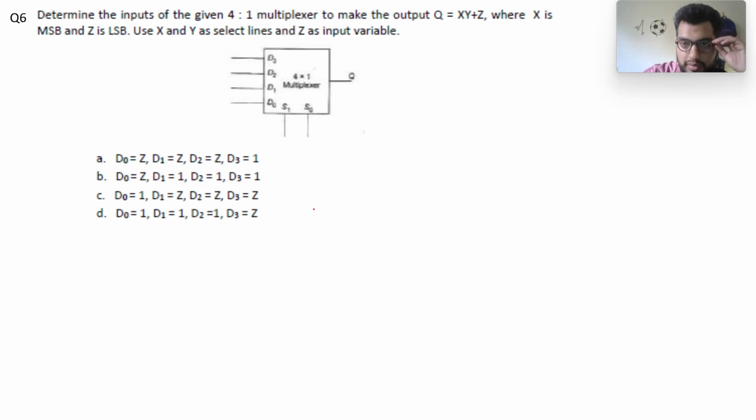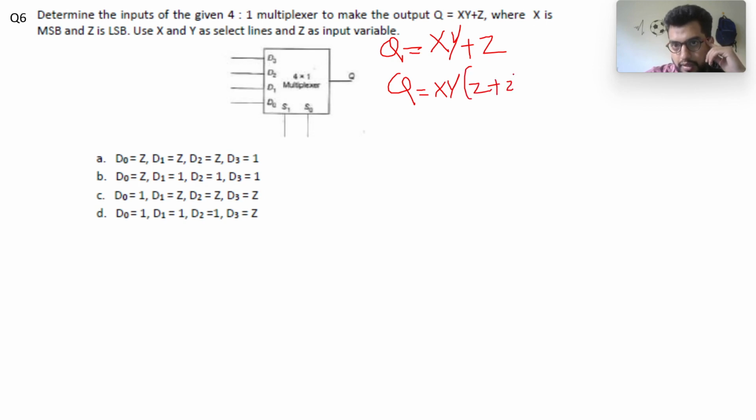So first of all, let me get to the expression that we need to implement. Q is equal to xy plus z. We have to write it in standard SOP form for the implementation using a mux. So I will write xy times (z plus z complement) plus z times (x plus x complement). This will be equal to xyz plus xyz bar plus xz plus x bar z.